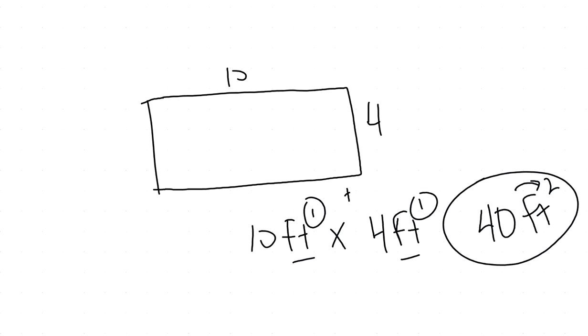That's why length times width times height gets us inches cubed, because this is 40 inches times 30 inches times 10 inches, inches times inches times inches, 1 plus 1 plus 1, 3. Not 1 times 1 times 1.